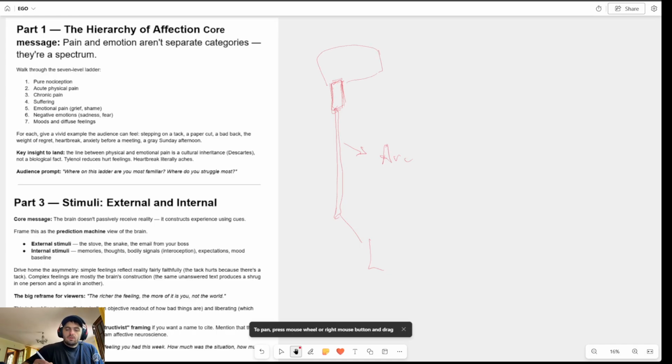So the lower part is the most ancient, right? Then the brainstem is newer, and the cortex is the newest invention, right?